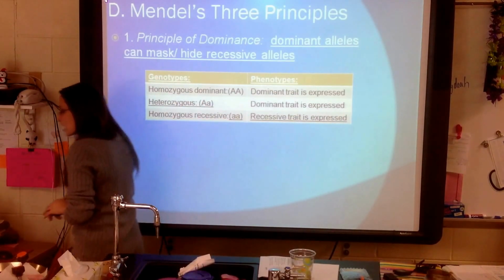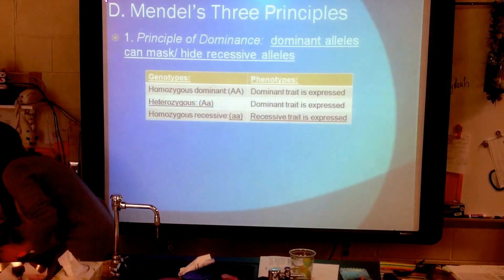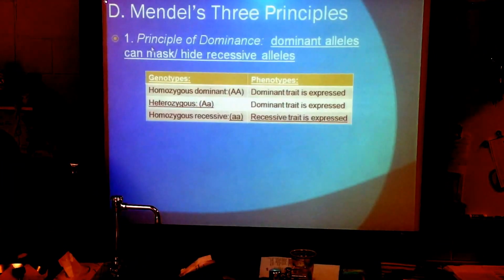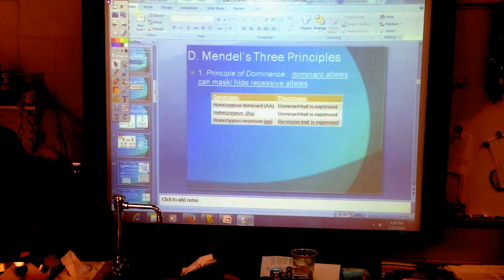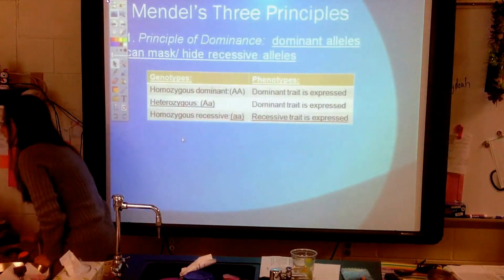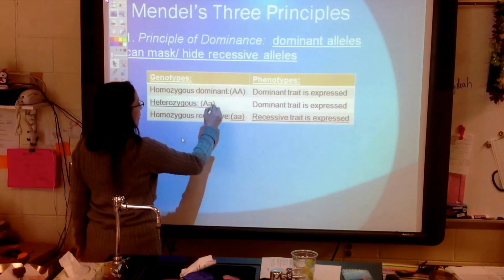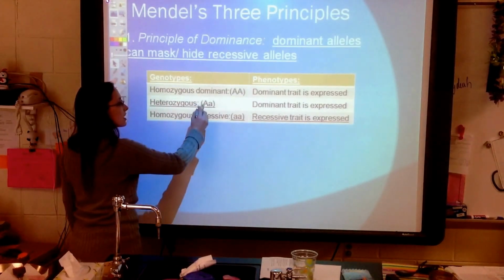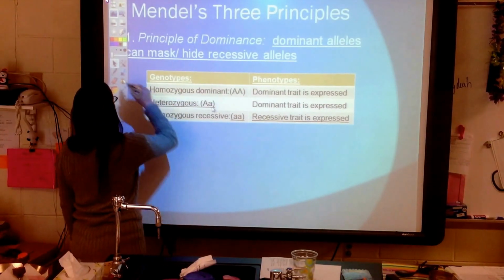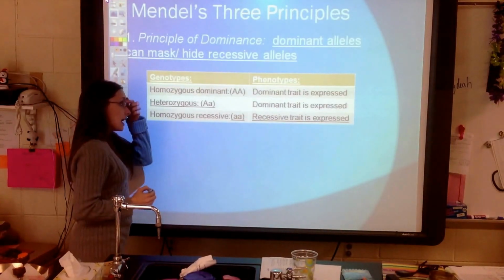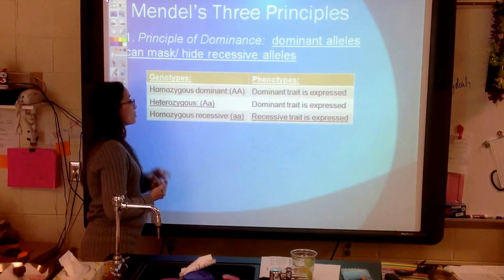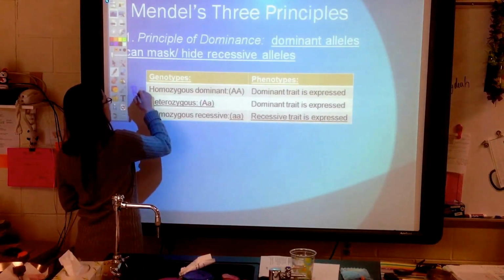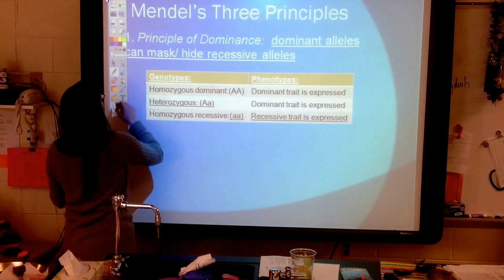When we look at heterozygous, we can actually see that heterozygous is where I have two different alleles, a dominant allele and a recessive allele. But I do show the dominant version of the trait. So for example, being able to roll your tongue.